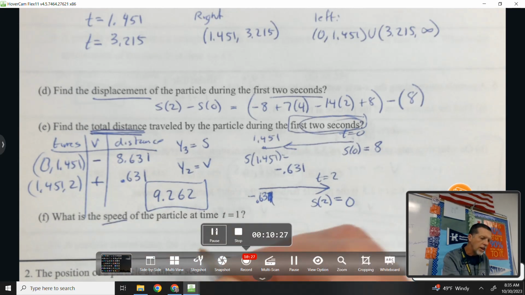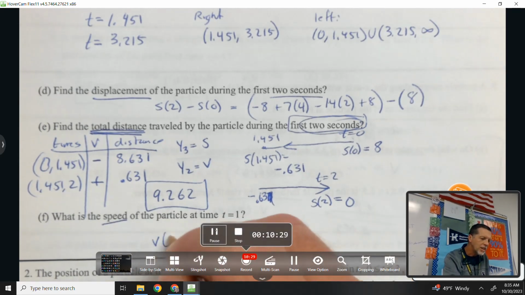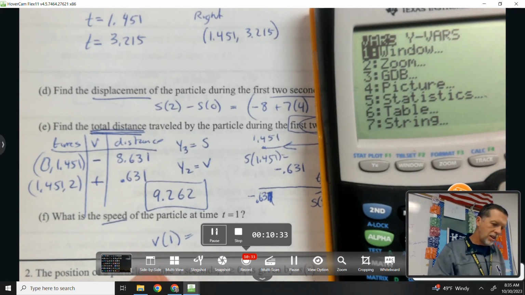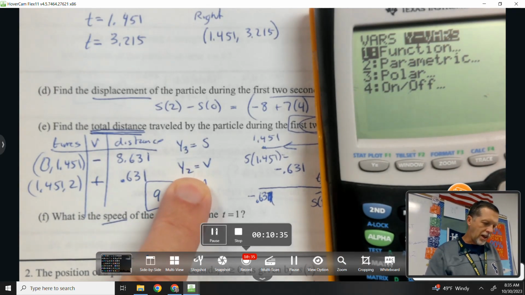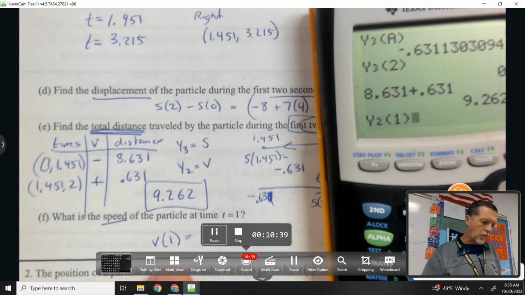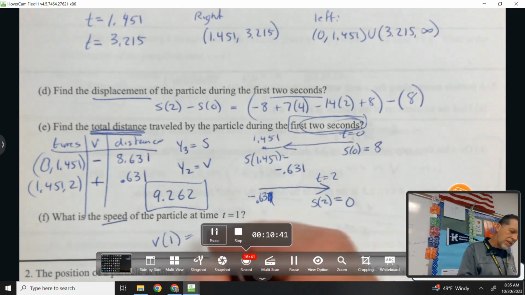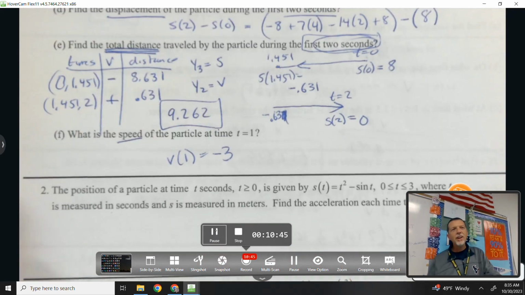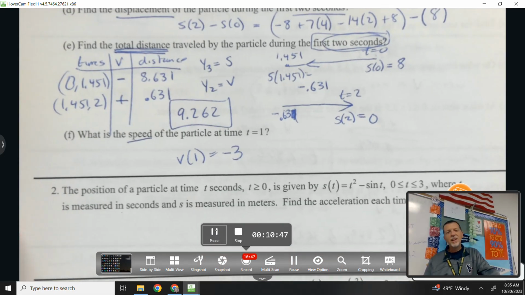All right, speed of the particle at time 1. Let's be careful here. So the velocity at 1, velocity is my y2 at time 1 is -3. Terribly misleading. I'm not even sure I should have written that down.